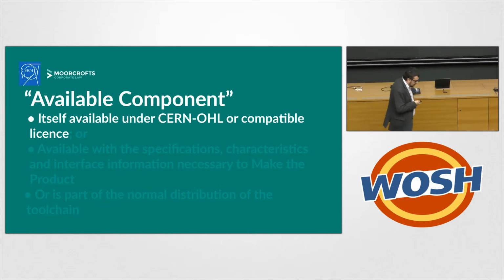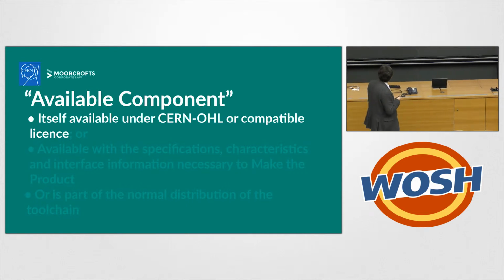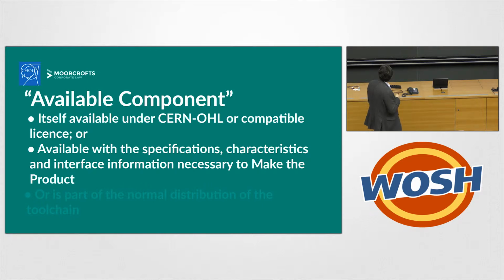So what do we mean by an available component? Well, an available component can be something that is itself available under the CERN OHL or a compatible license, or it can be something that's available with the specifications, characteristics, and interface information necessary to make the product. So very basically, a resistor can be an available component because it's something that you can acquire very easily, but you need to know, obviously, what the resistance is.